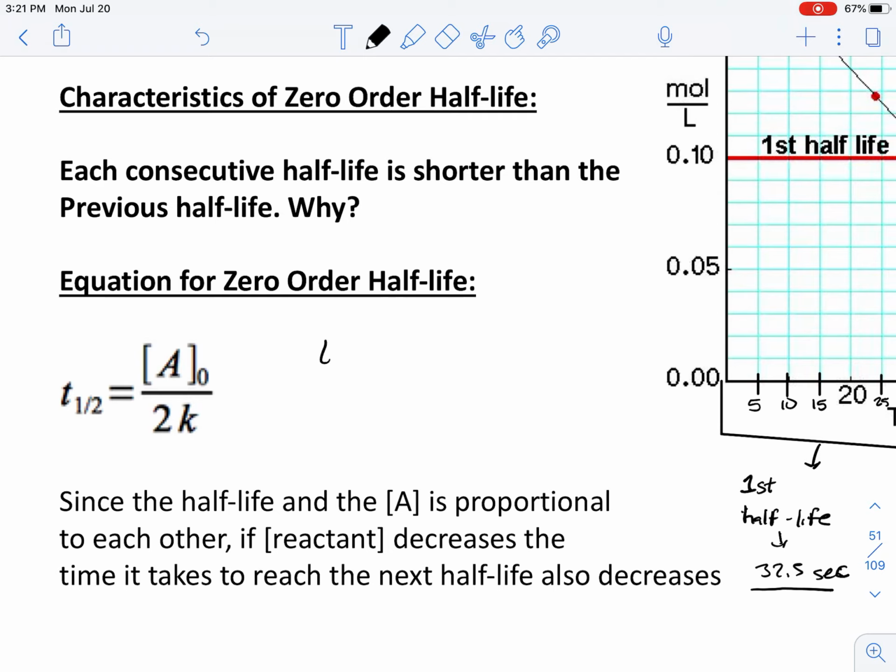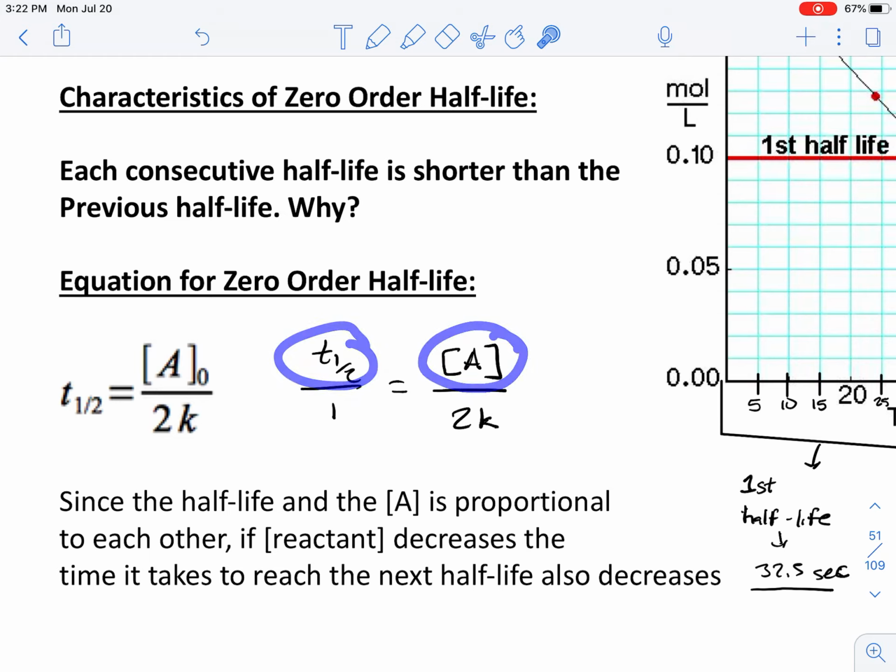So T1/2 equals concentration of A over 2K. The half-life is in the numerator and the concentration of A is in the numerator. Therefore, the half-life is proportional to the concentration.